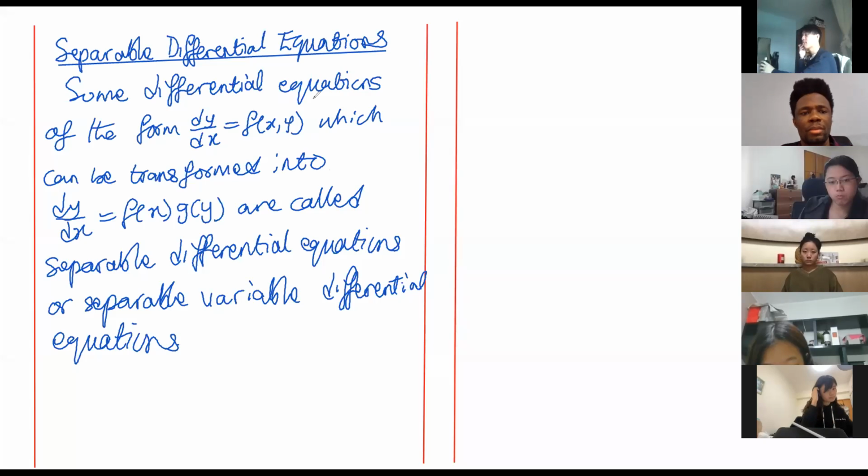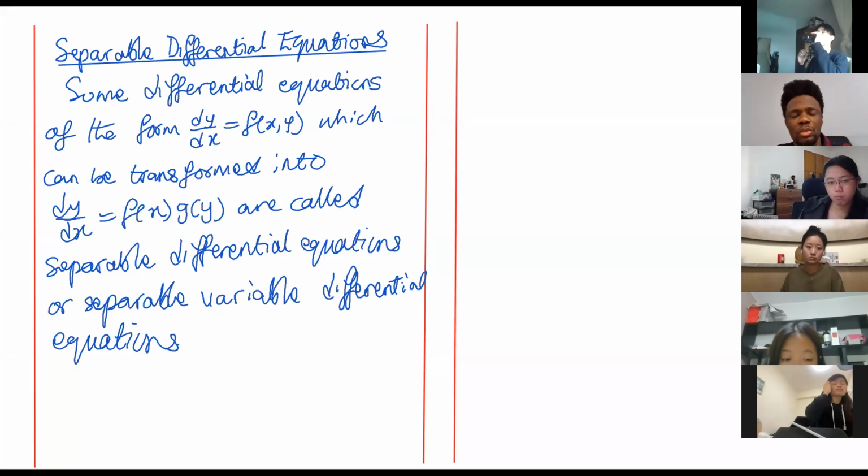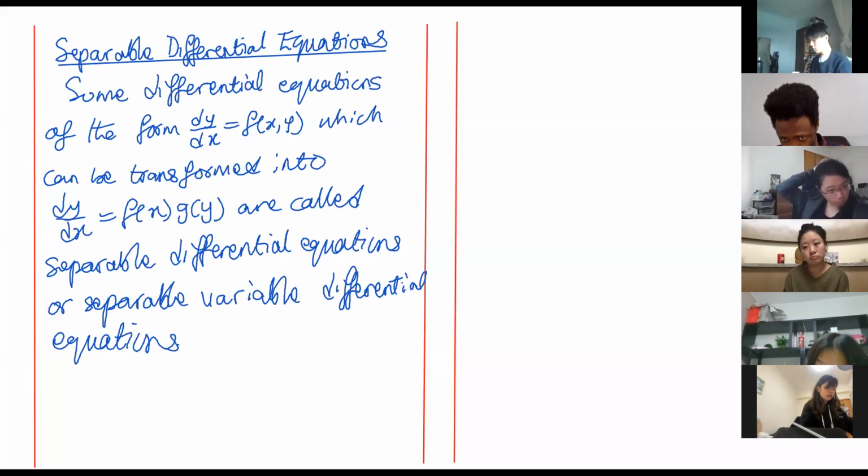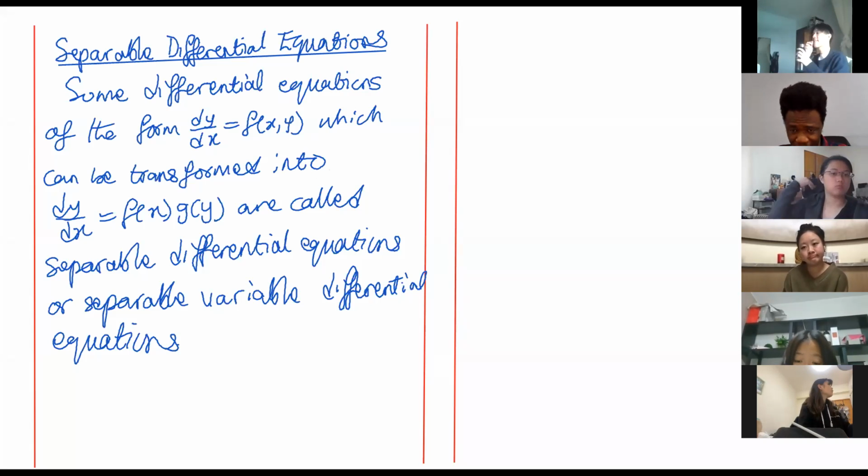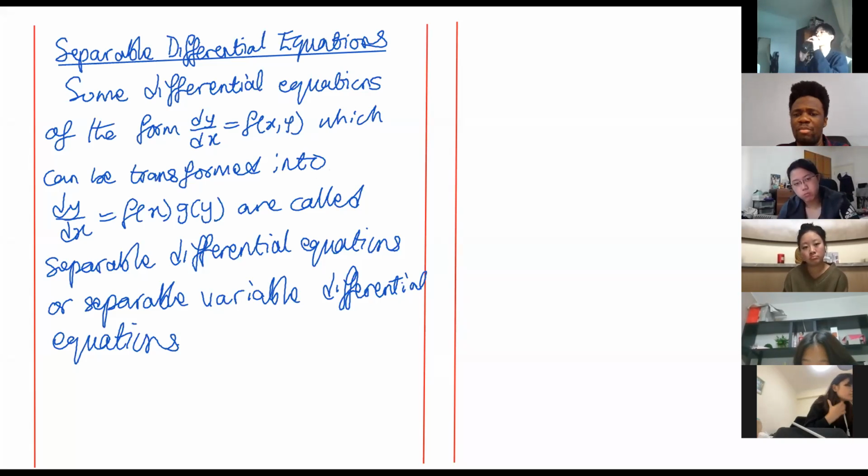Now, I hope you are listening. So this leads us to, this is the first new thing to you in this topic. Every other thing so far is not new to you with your knowledge of differentiation and integration. Some differential equations that are of the form of dy by dx equals function of x and y can be solved by an approach called separable variable.